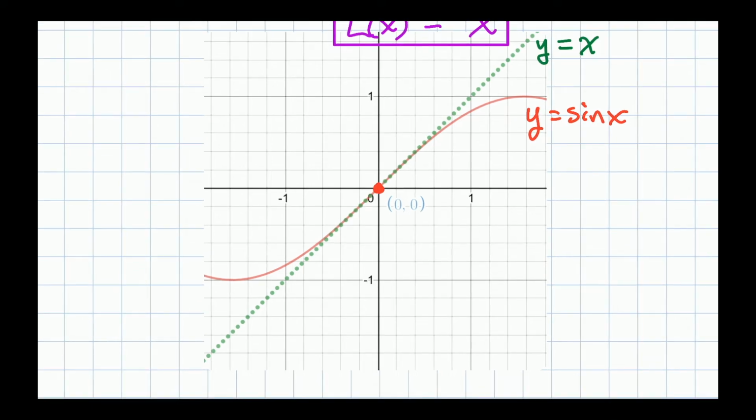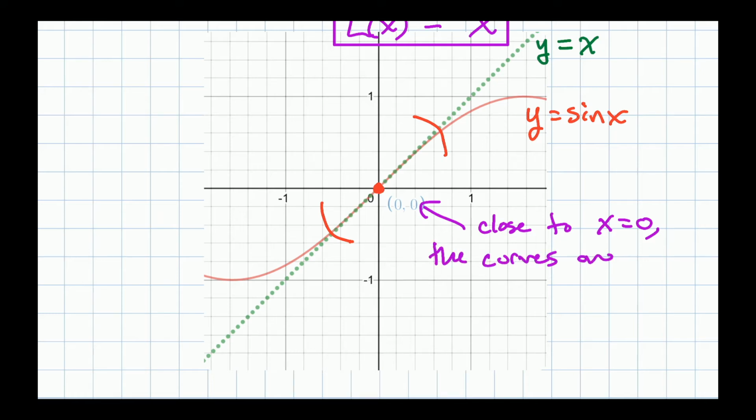In a little region around here, the functions are very close together. The curves are almost overlapping in that little section. So close to x equals 0, the curves are close together.